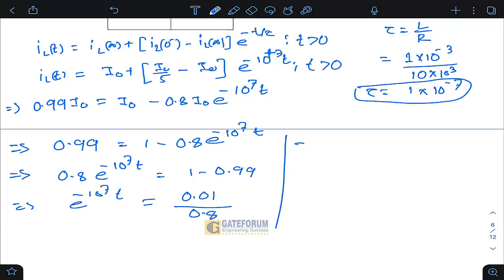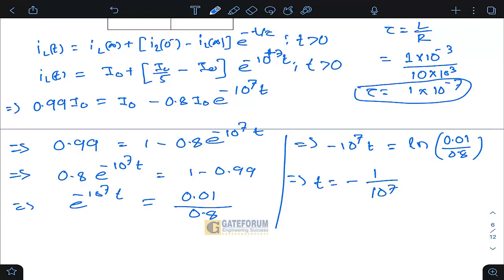This implies minus of 10 raised to power 7t is equal to ln of 0.01 divided by 0.8, or t is equal to minus of 1 by 10 to the power 7 into ln of 0.01 divided by 0.8.